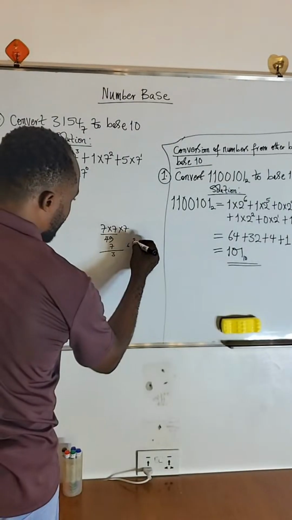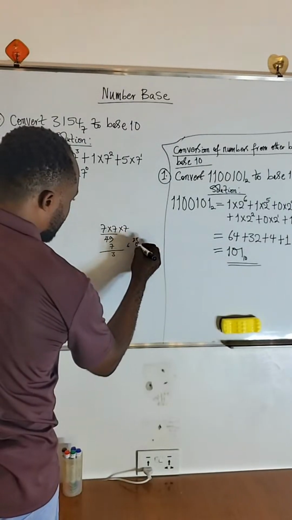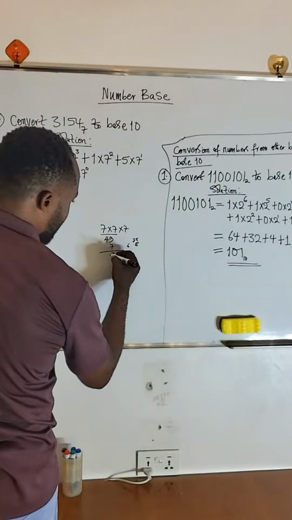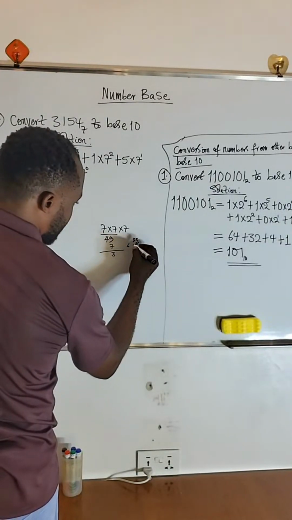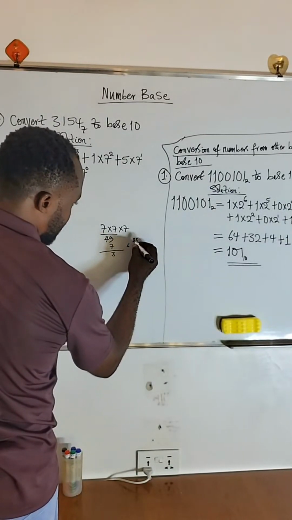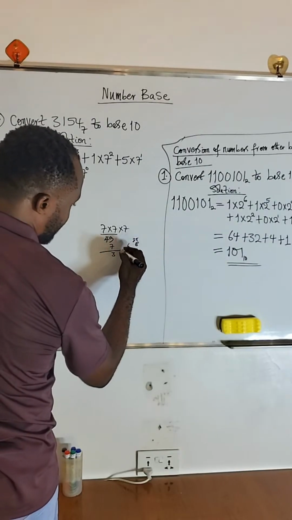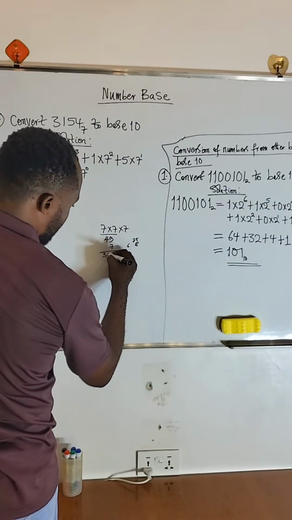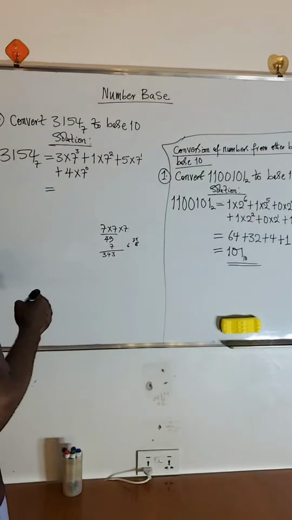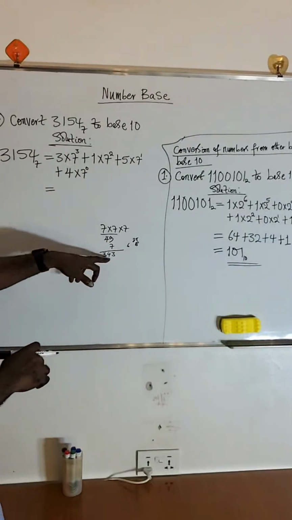Okay, so 28 plus 6, you have 34. Okay, 34.